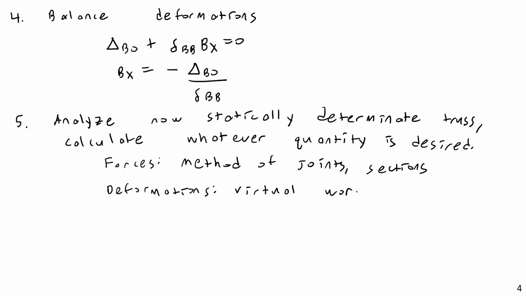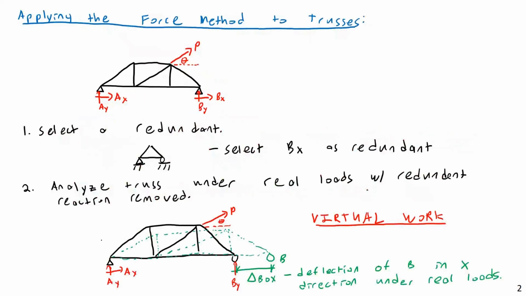Just like in the case of the beams, where I ended up working through the equations of deflection and those integrations multiple times, you may have to do the same thing when working through trusses. So if I give you a truss like this and ask you to find the displacement at this joint, when it's statically indeterminate, you may actually have to work through 3 different levels of the virtual work method.